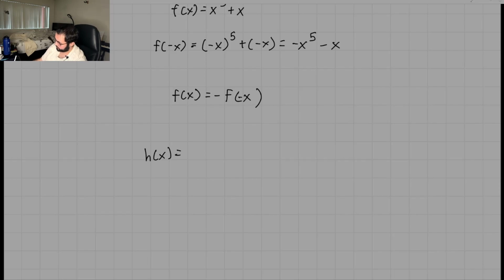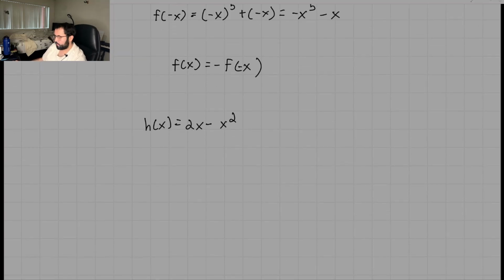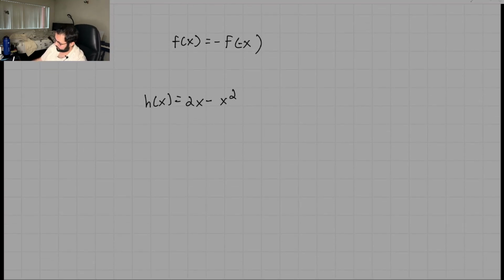h of x is equal to 2x minus x squared. So what would this function be? Well, let's plug in negative x and see what we get. 2 times negative x minus negative x squared.